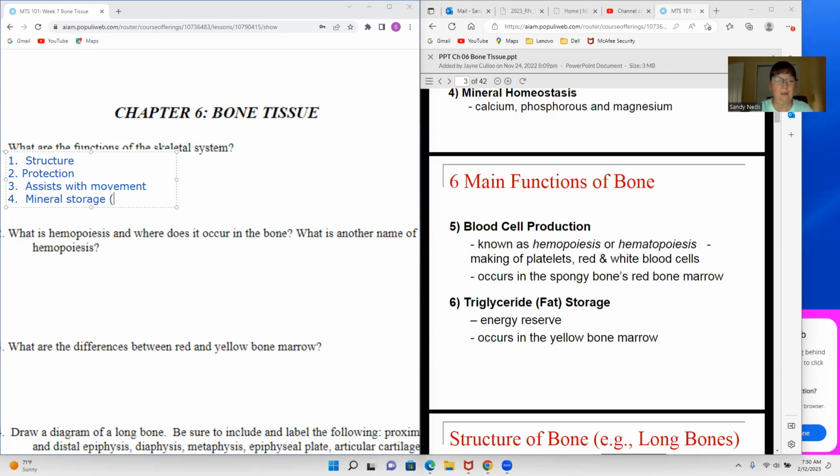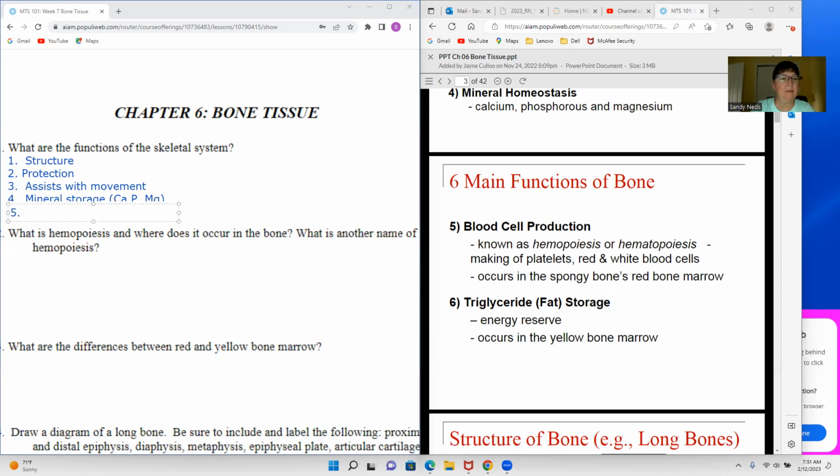And so we're going to put calcium, which is Ca, phosphorus, which is P, and magnesium is Mg. And we know that from chapter 2. Then we have number 5.